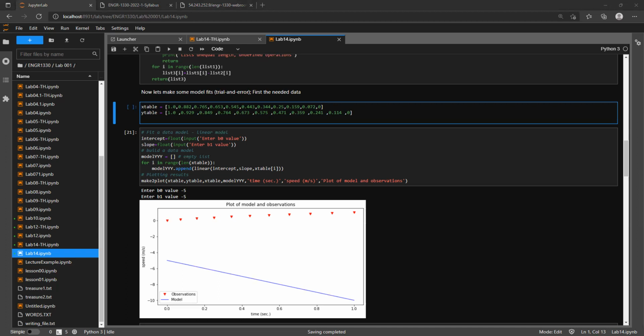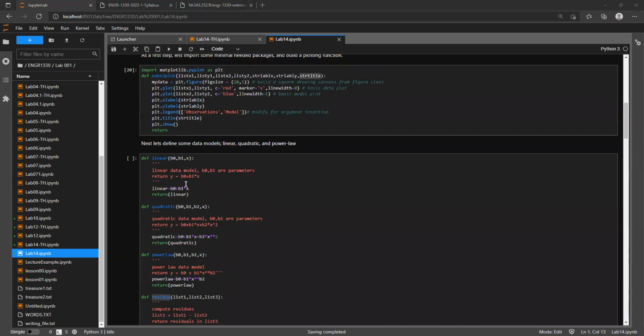What is our y equals formula for a linear model? Yes, there it is. Y equals b0 plus b1 times x. That was right here.